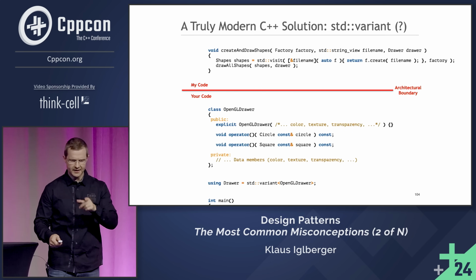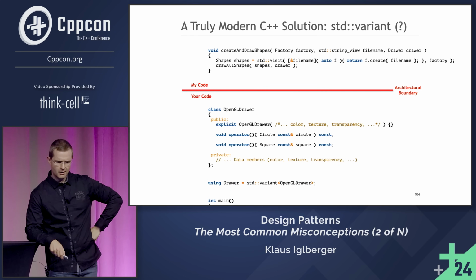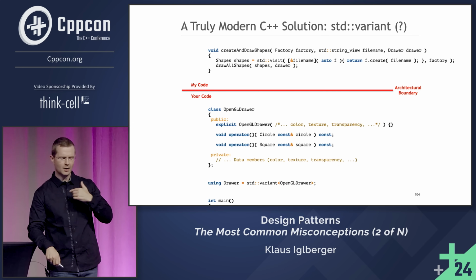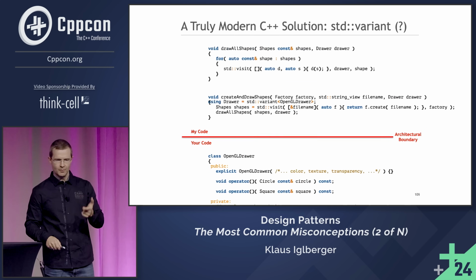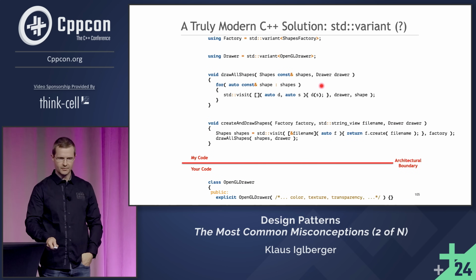There, wait a second. That using drawer at the bottom, that is not your code, right? This is my abstraction. Okay. Again, just a little rearrangement, so I put this up into my code again, because I need it. Yeah, you just seen this. I need this abstraction in my code.